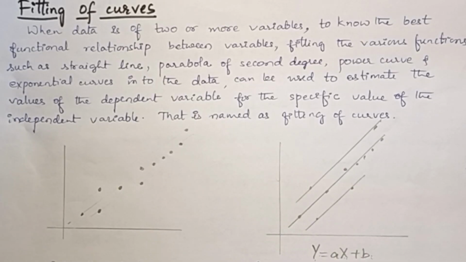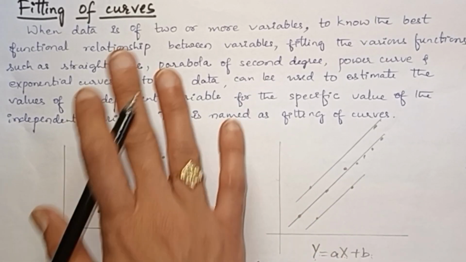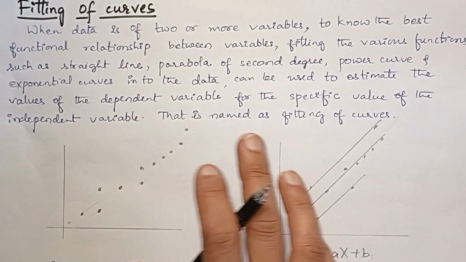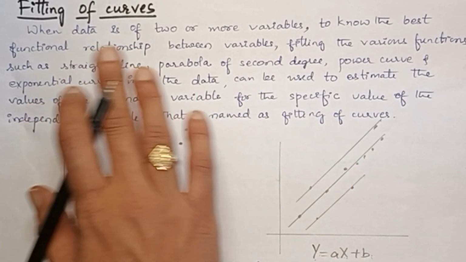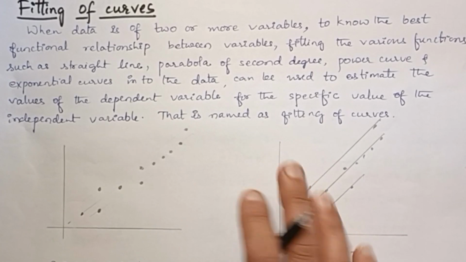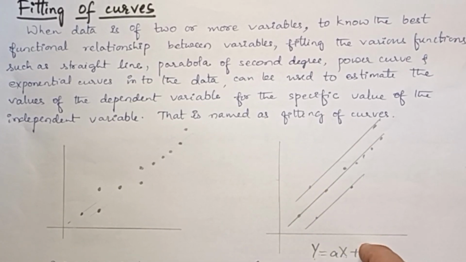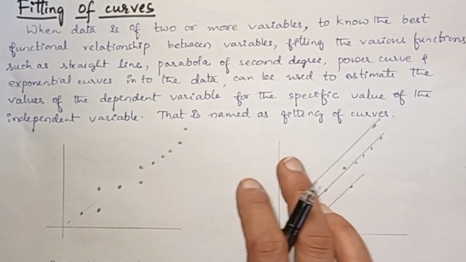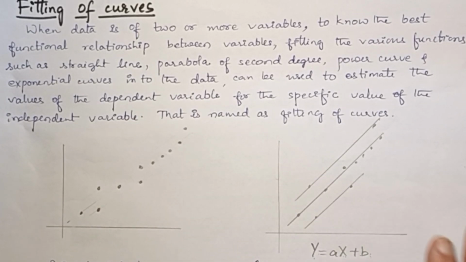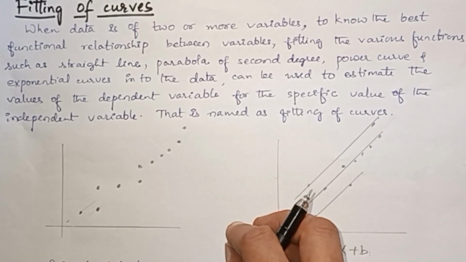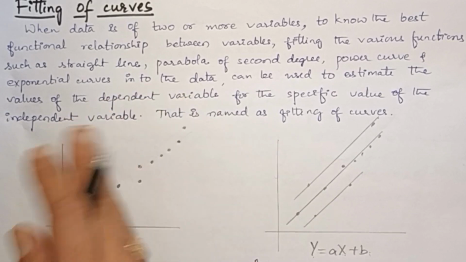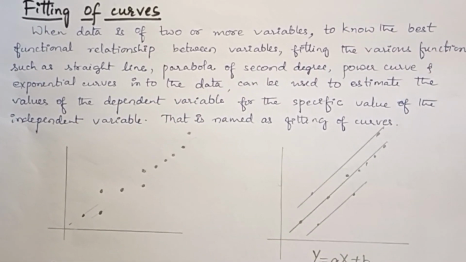So now let me summarize this. Fitting of curves is nothing but, for the given data, the data must be of two or more variables. You have to get a functional relationship between the given data. That is, you have to get y equal to a function of x, so that when you have some independent variable value, then you will get the corresponding dependent variable's value.